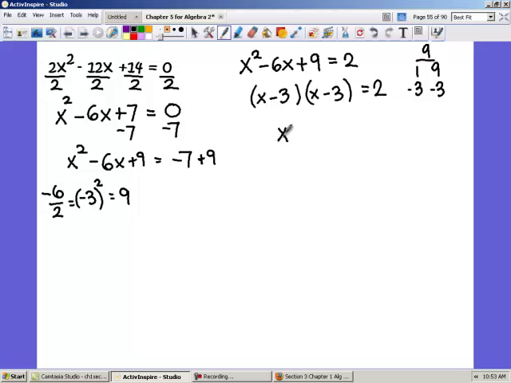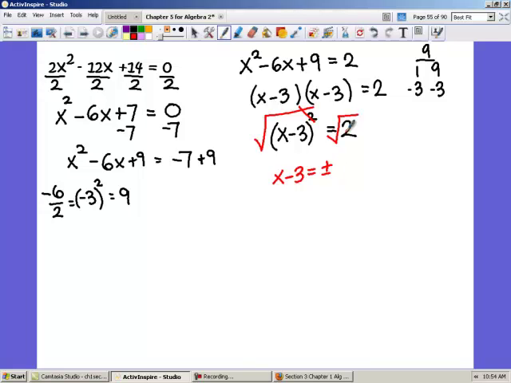We make one binomial with the squared, which is just another way of rewriting what we had up here. And now we're ready to solve. So we're going to square root both sides, which cancels the square, and the parentheses go away and you're left with x minus 3, plus or minus, because we're solving.